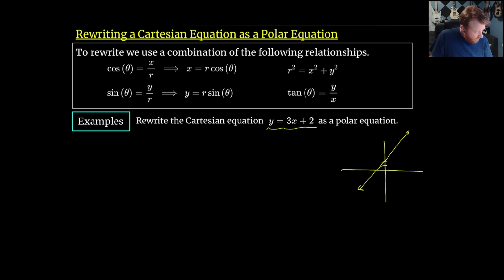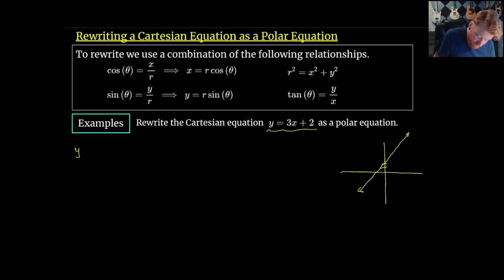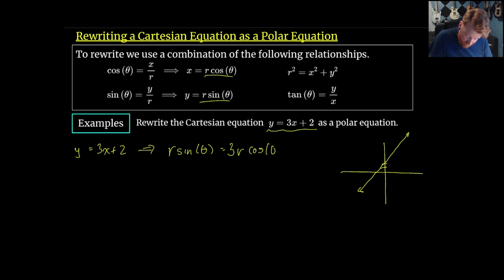So to do that, we are going to take y equals 3x plus 2, and I'm going to rewrite x and y in terms of r cosine theta and r sine theta. So what I'm getting here in my first step is that r sine theta is equal to 3 times r cosine theta plus 2. I'm trying to get r in terms of theta, so let me get all the r's on one side and see if I can't isolate that somehow.